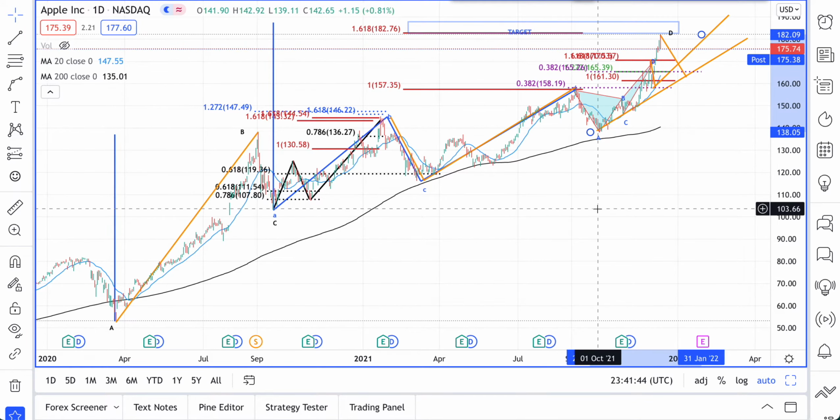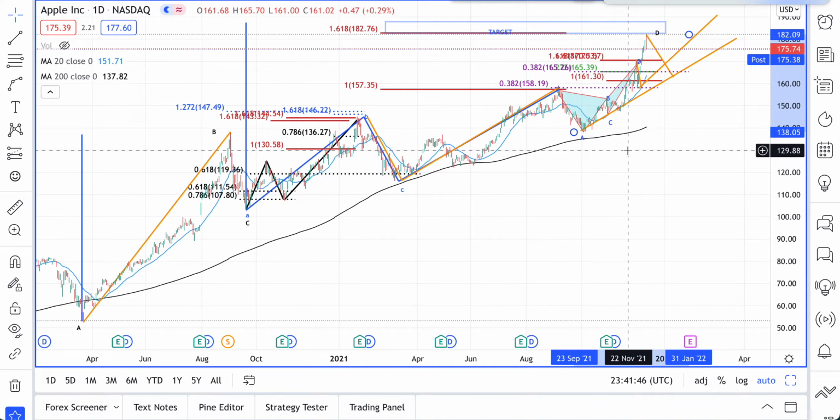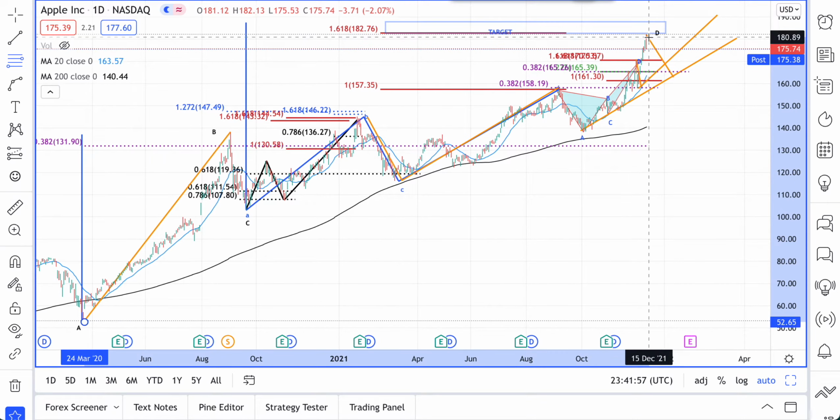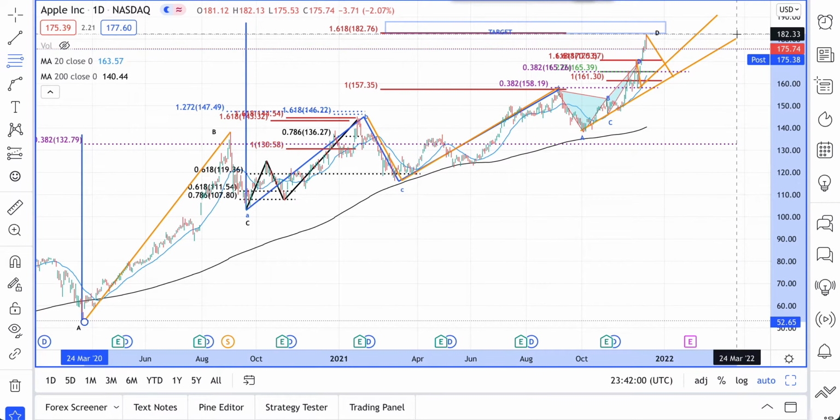It's possible that the price pulls down further. If that were to take place, then as a first step we are drawing a Fibonacci retracement, assuming that this is the high.